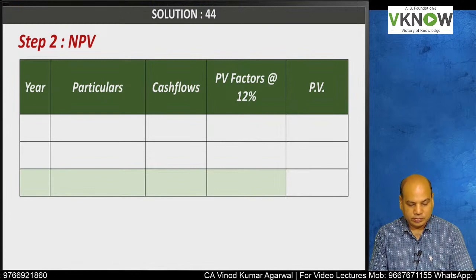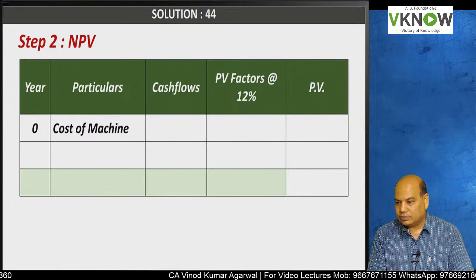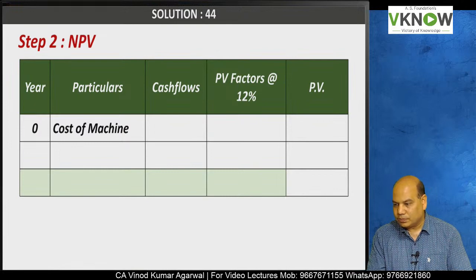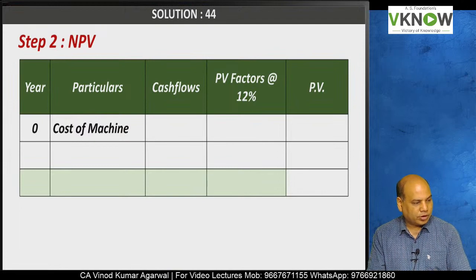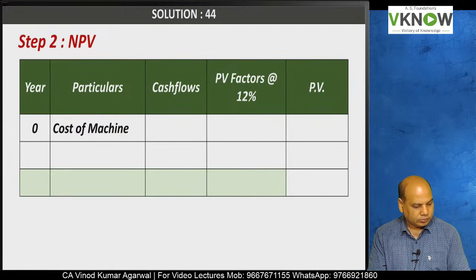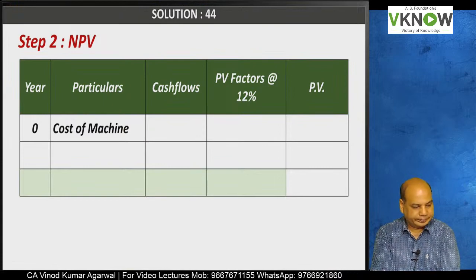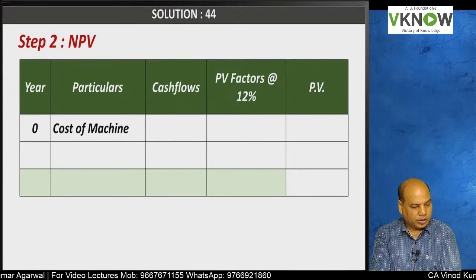Write properly. Somebody is checking your answer also. For NPV calculation, I will just write this simple format: year, particular, cash flow, PV factor at 12% and PV. Now do it yourself. Please try yourself.